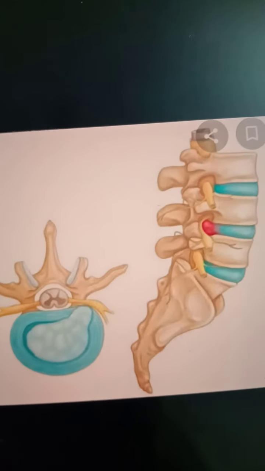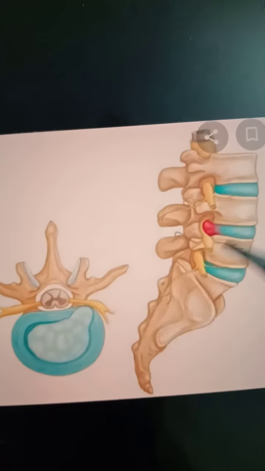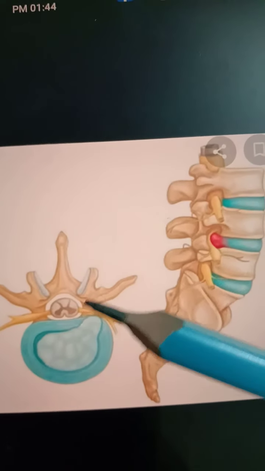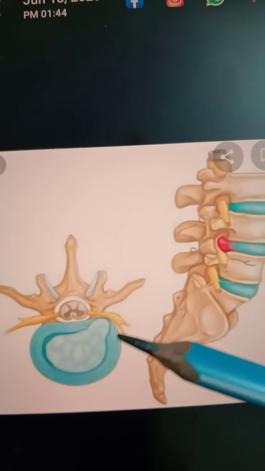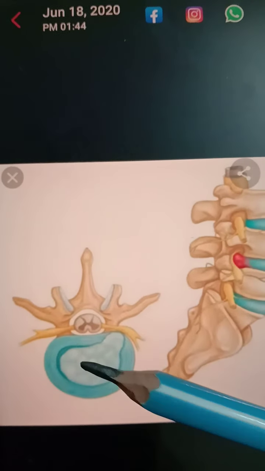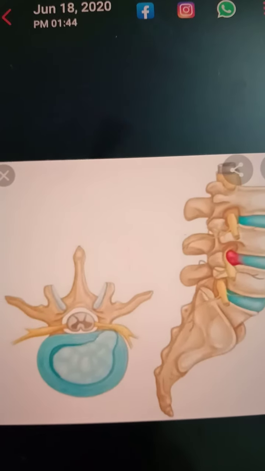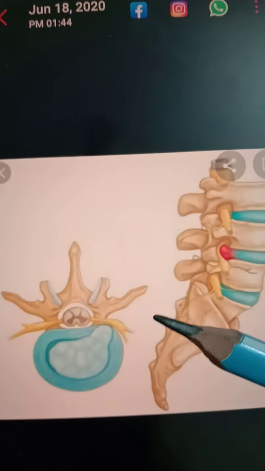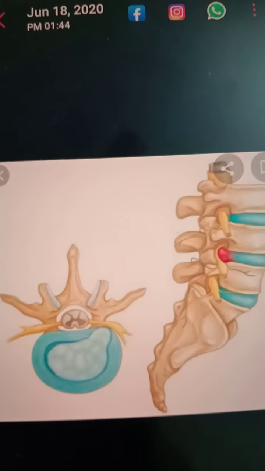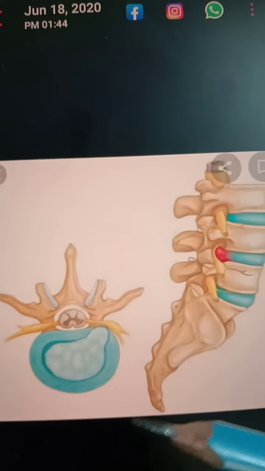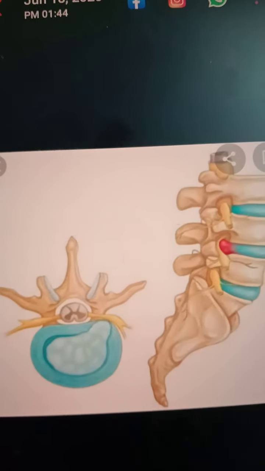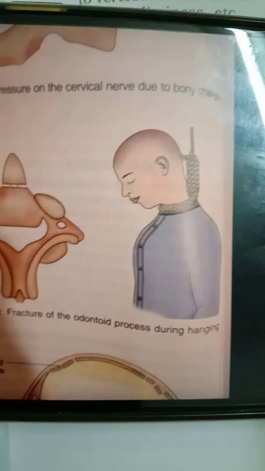It occurs at the junction of different curvatures, and the common sites are the lower cervical and upper lumbar vertebrae. In the cervical region, the disc involved is above or below the 6th cervical vertebra, and the nerve roots affected are the C6 and C7 spinal nerves, with pain and numbness along the lateral side of the forearm and the hand, and there may be wasting of the muscles of the thenar eminence.